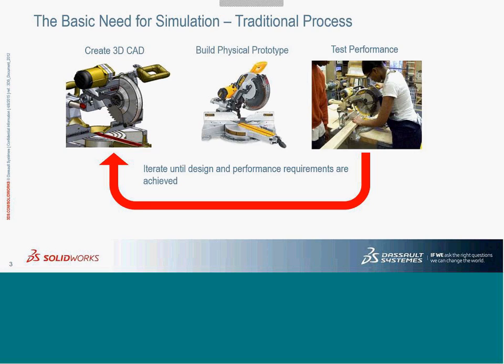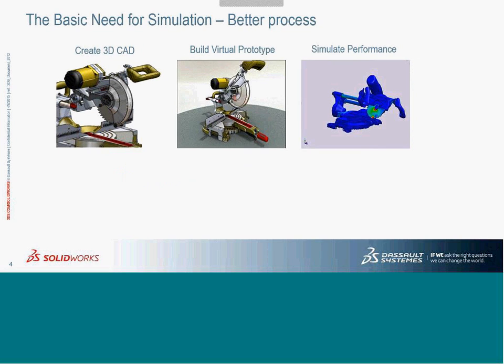Obviously, a prototype is an expensive affair and it takes a lot of time as well. So what we are speaking about today is more towards this, wherein we have the CAD model, we build a virtual prototype, so we have a working mechanism built in the software virtually. Then we can simulate it, we can test it, we can see how this product behaves or functions, or what its performance is, virtually.